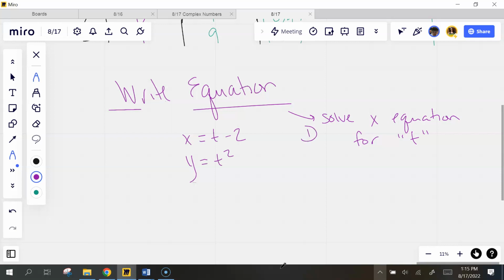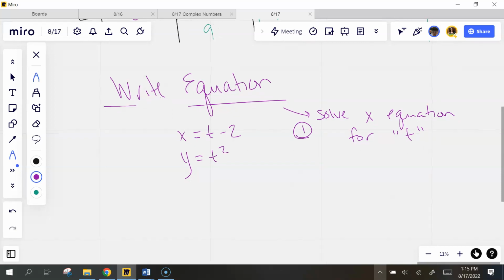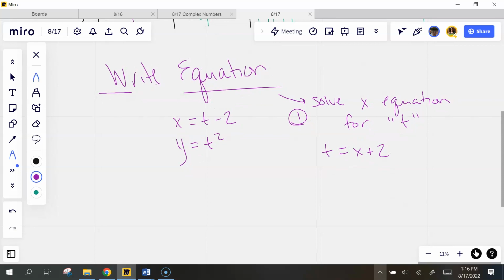Y'all like steps. Here's step 1. So in this case, what would t equal? x plus 2. If I add 2 to both sides, right. Is everybody with me?